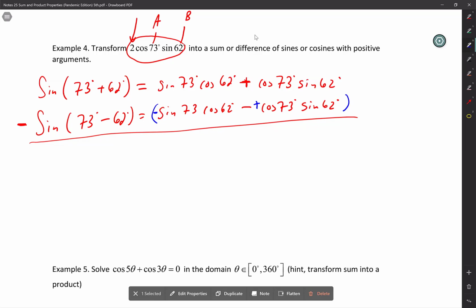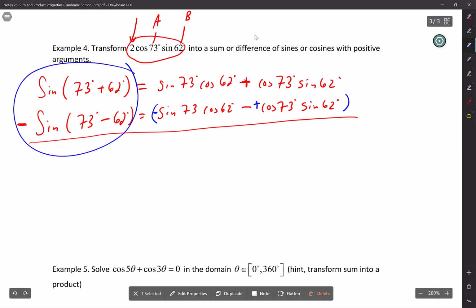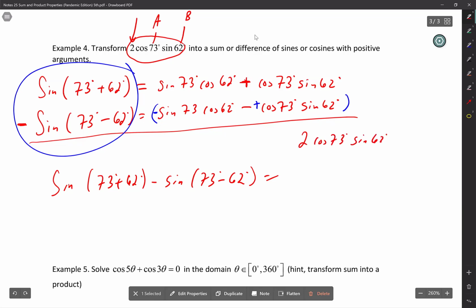Right, guys? Okay. So here we go. Now the left-hand side really turns to sine 73 plus 62 minus sine 73 minus 62. And the right-hand side just goes to 2 cosine 73 sine 62, which is what I already had anyways. That's what I wanted.